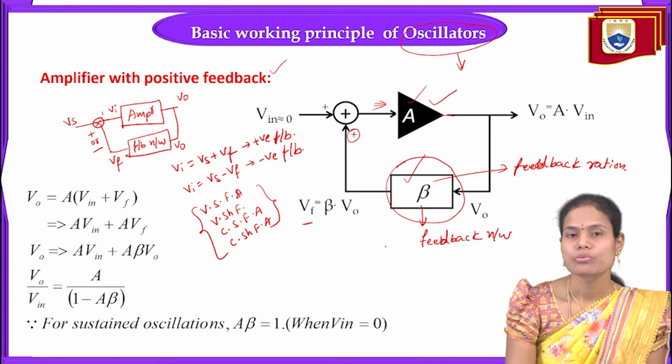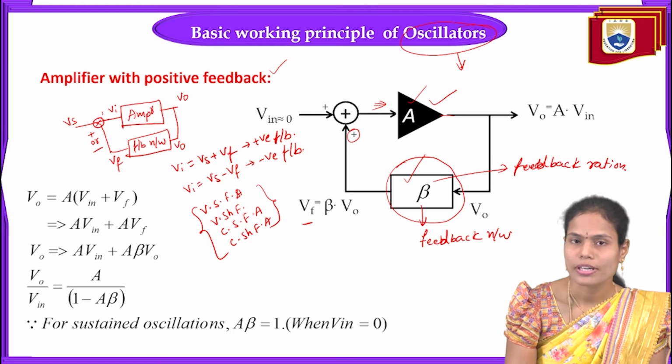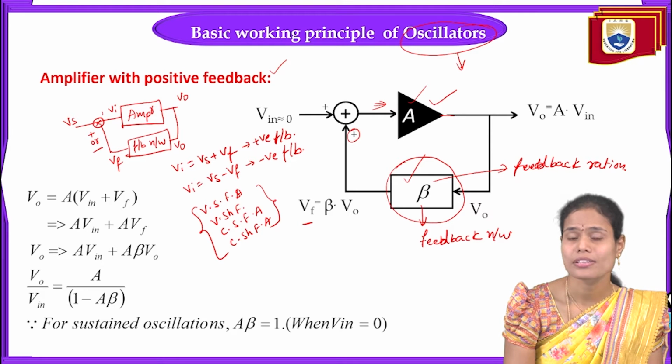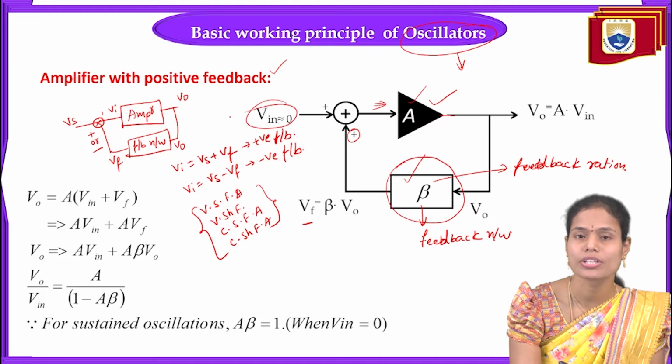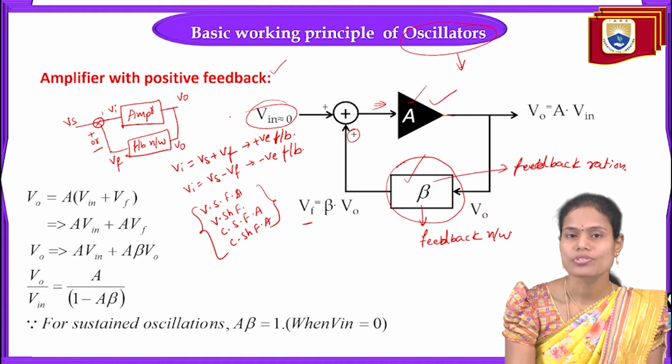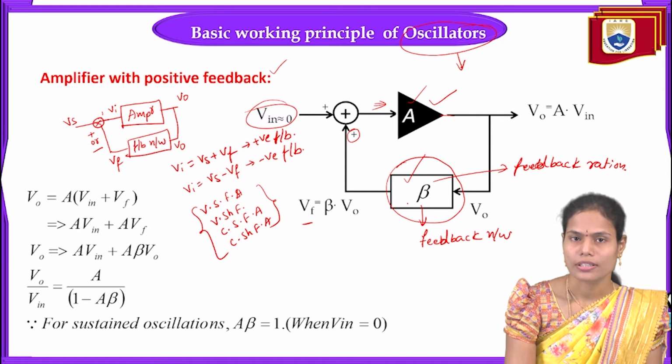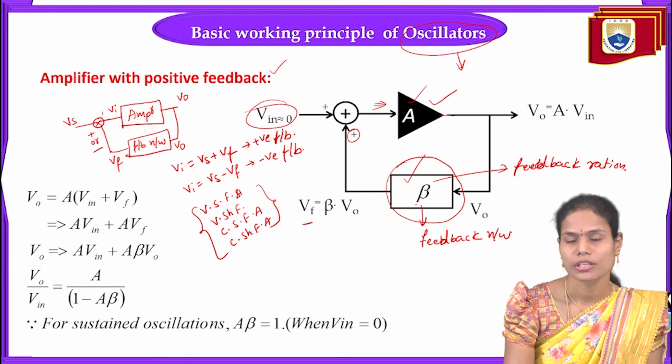The basic thing required for the oscillator is that we are not providing any input signal. That's why I mentioned Vin is equal to 0 here. We just provide the DC supply for the oscillator circuit so that we are able to generate the output signal directly.